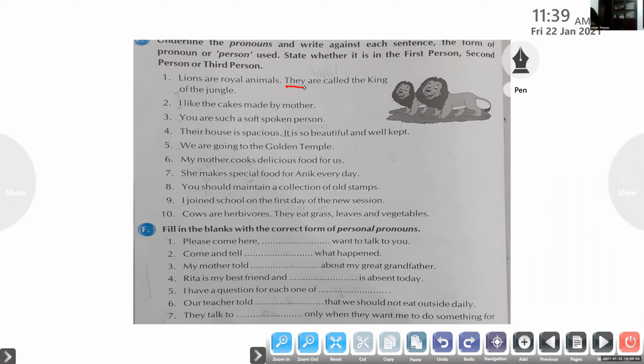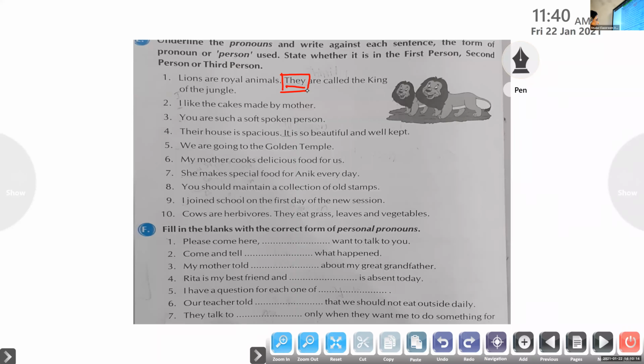No, they stands for which person? I'm asking you, is it for the first person, second person, or the third person? Sarah, they stands for? Third person.